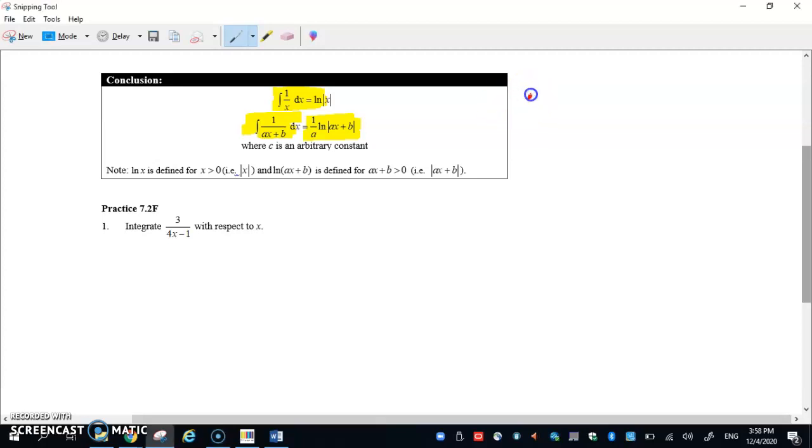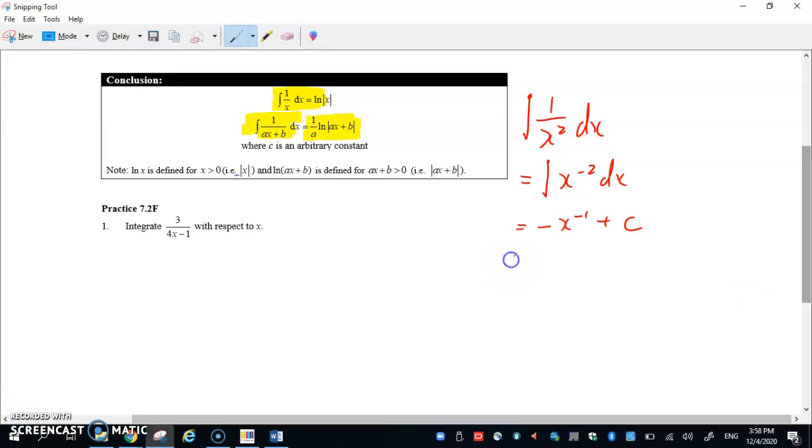So if you, let's say, integrate a term like 1 over x squared, where the power is 2, what you actually learned earlier is that you can bring this to x to the power minus 2, and then what we get is negative x to the power minus 1 plus c.